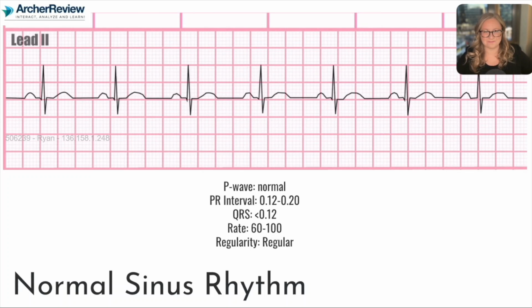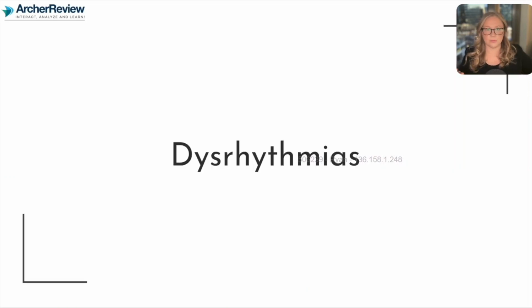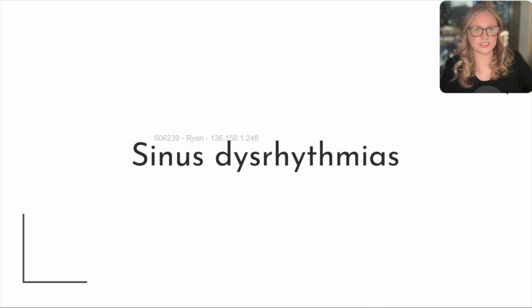sinus rhythm. Let's talk now about what happens when this isn't what we see. If any of those 5 things that I told you to look for are not true, you have what we call a dysrhythmia. The electricity is not flowing through the heart exactly like it should. So let's talk first about the 2 sinus dysrhythmias.